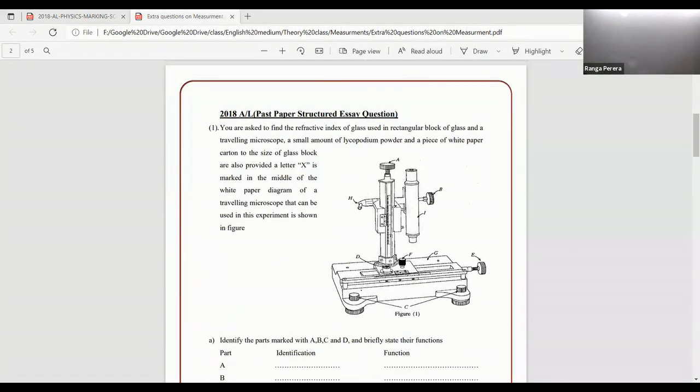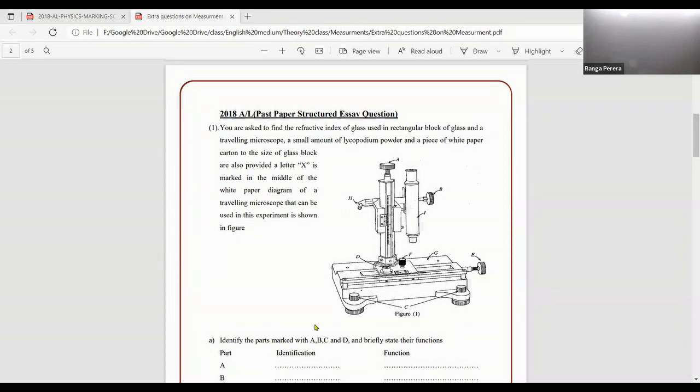You are asked to find the refractive index of glass used in a rectangular block of glass and a traveling microscope. A small amount of lycopodium powder, a piece of white paper cut into the size.